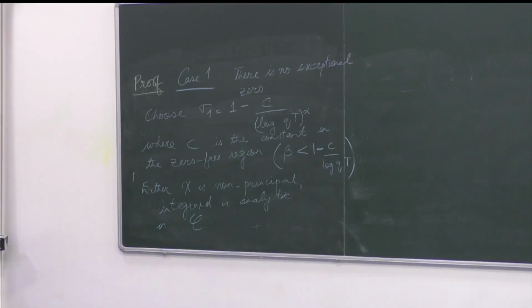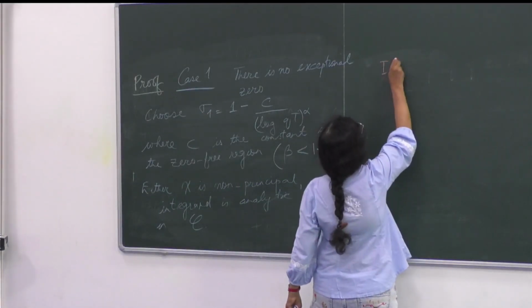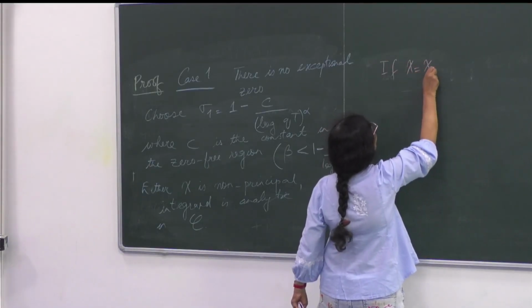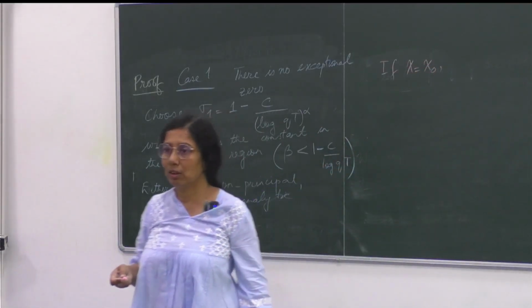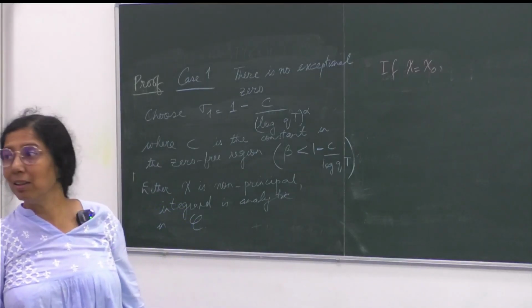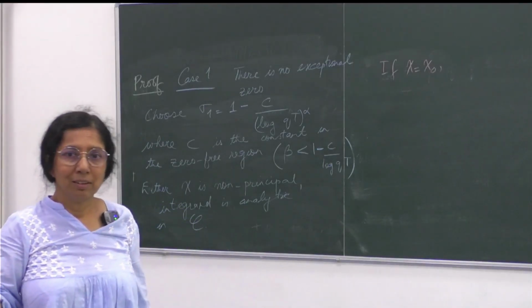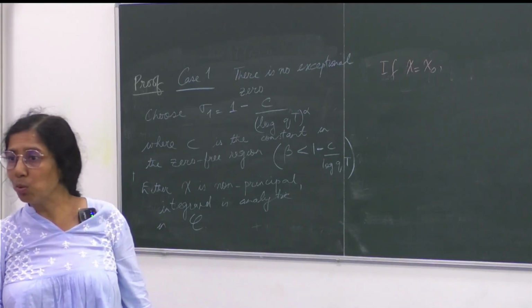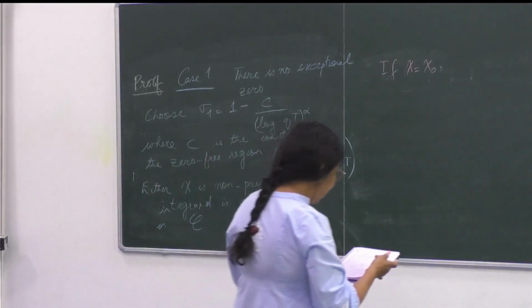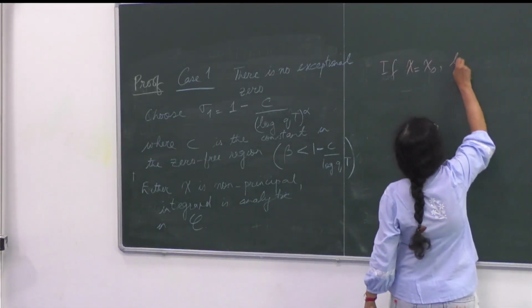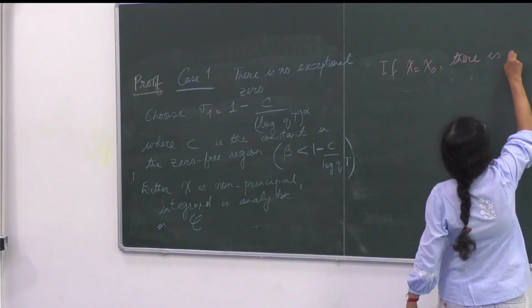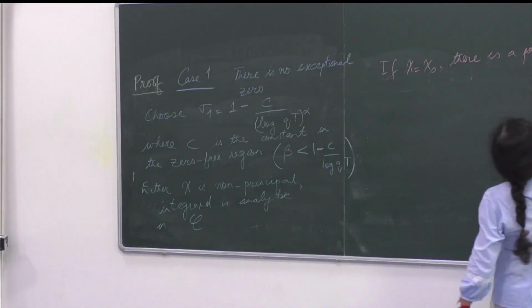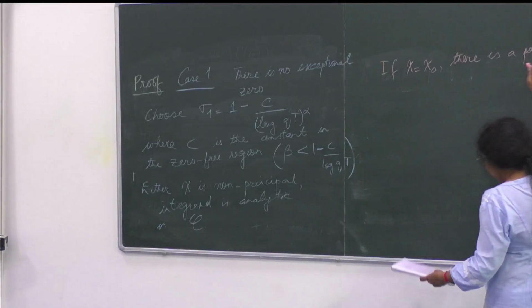If not, chi is equal to chi 0. If chi is actually equal to chi 0, what happens? I have L prime by L. Is there a pole? Yes, s equal to 1, there is a pole. We know this.